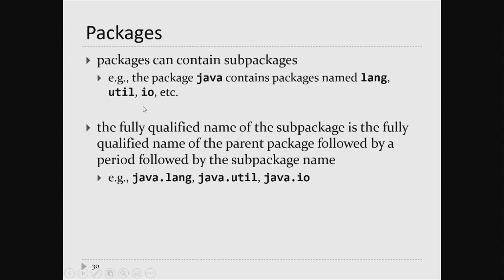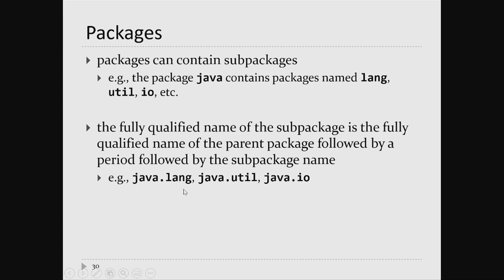In lang, that's all the stuff that's fundamental to the Java language. In util, that's stuff that's useful, so utility classes. In io is stuff that's related to input and output, so reading and writing stuff to disk or network or something else. Now you've got a package inside of a package.